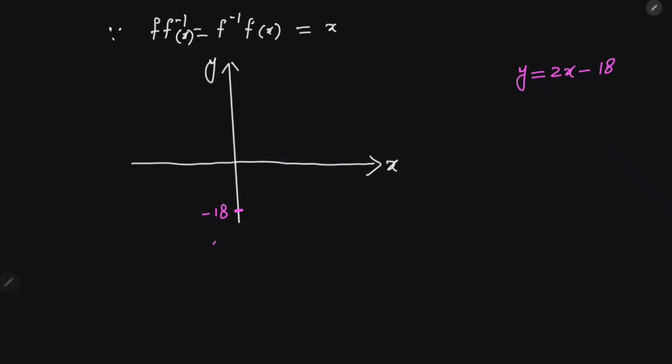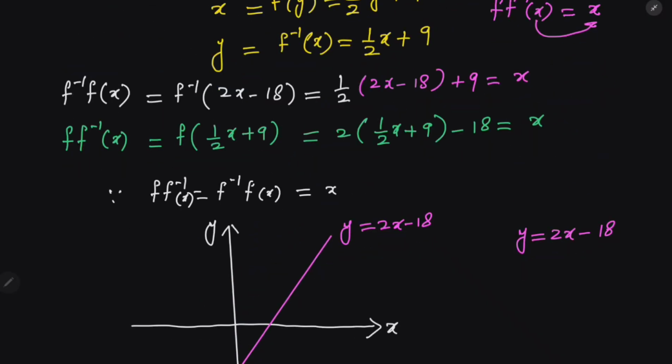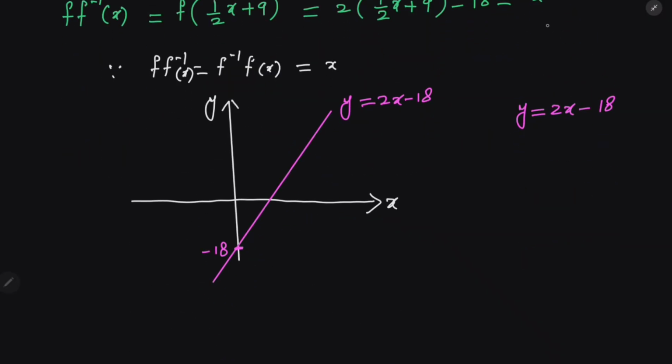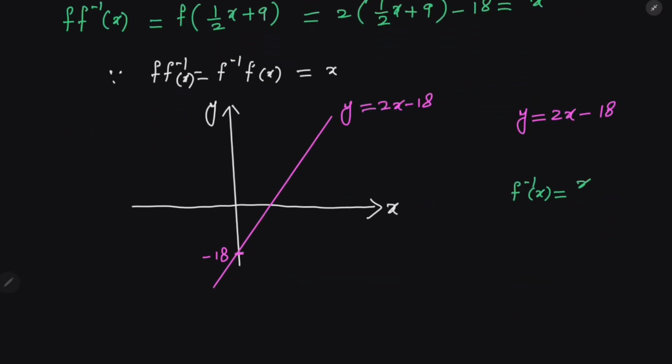So we have this function which was the given function in this example, y is equal to 2x minus 18. In the next case, the inverse function was 1 by 2x plus 9. The second function, that was f inverse x, that was x by 2 plus 9.